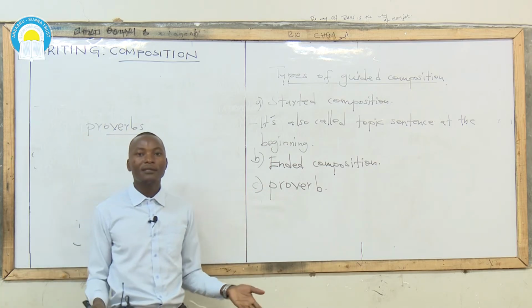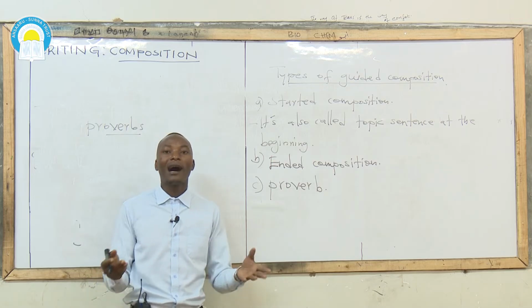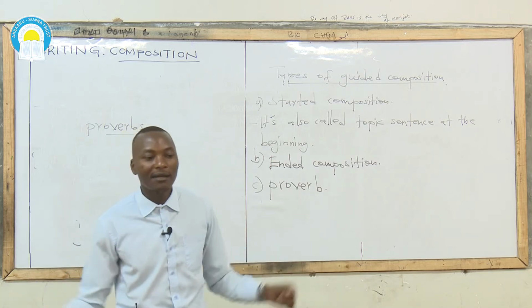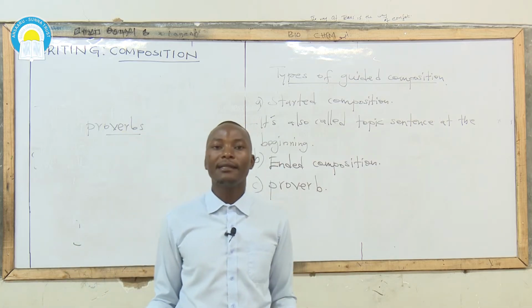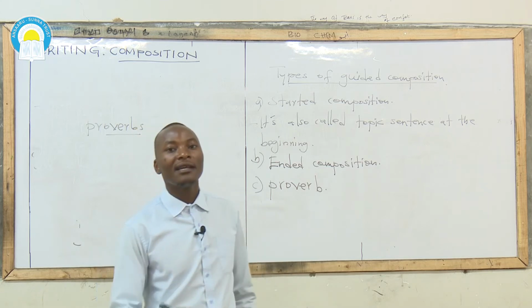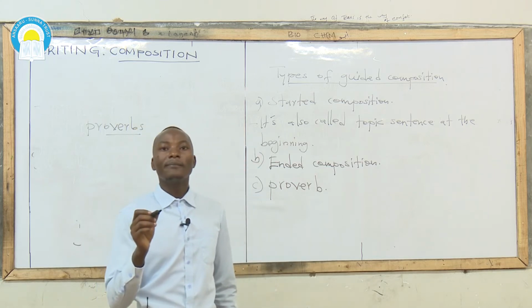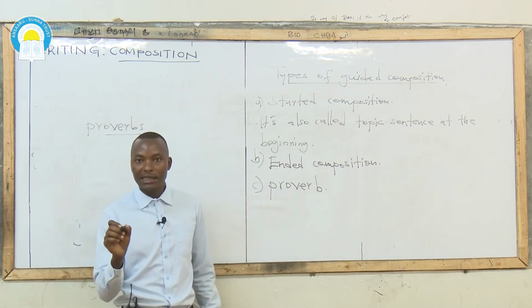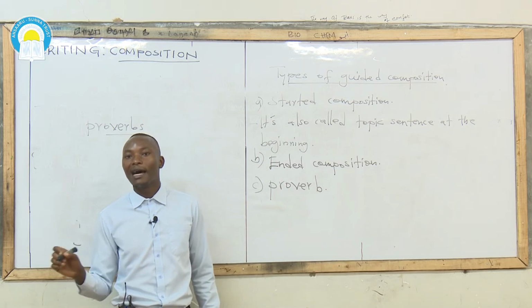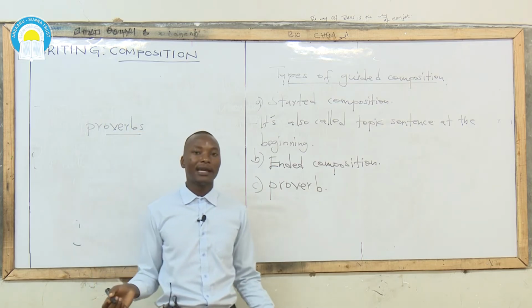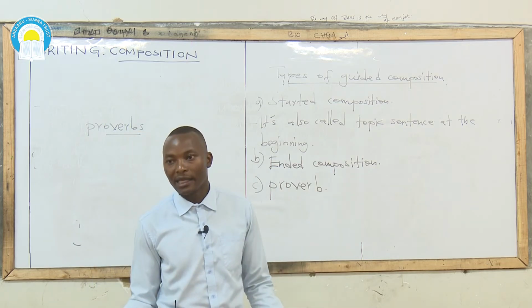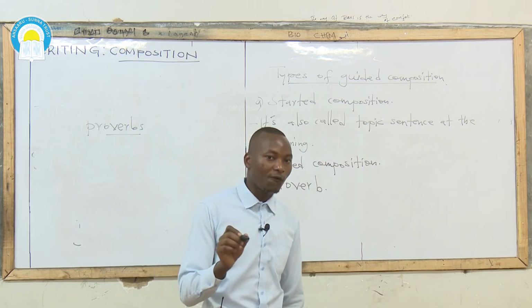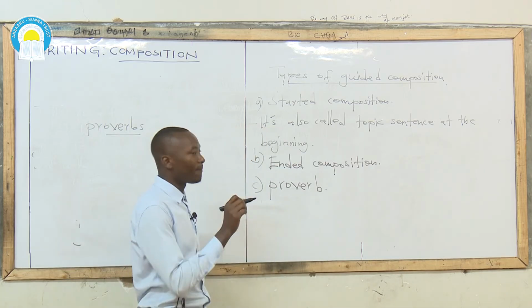Examples of proverbs: hurry, hurry has no blessing; better late than never; slow but sure like the tortoise; a stitch in time saves 9; once beaten, twice shy, and so on and so forth.